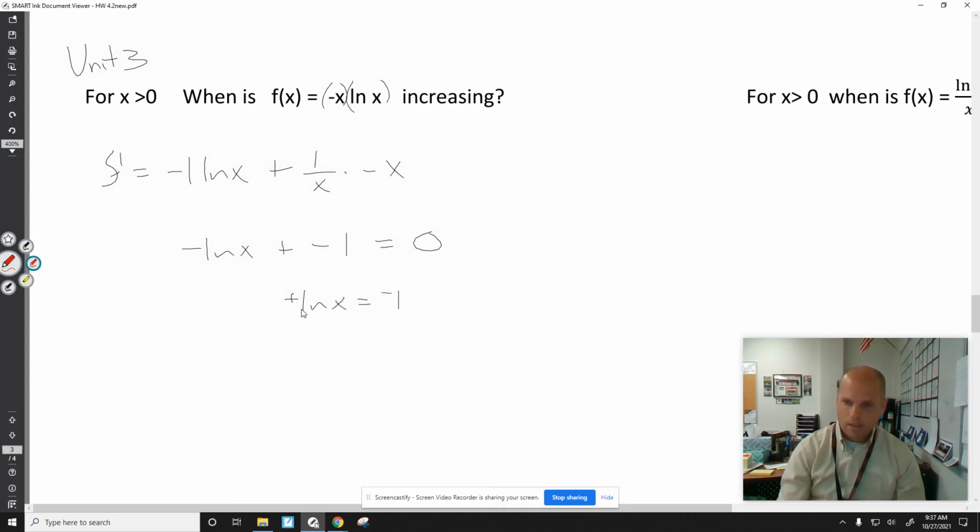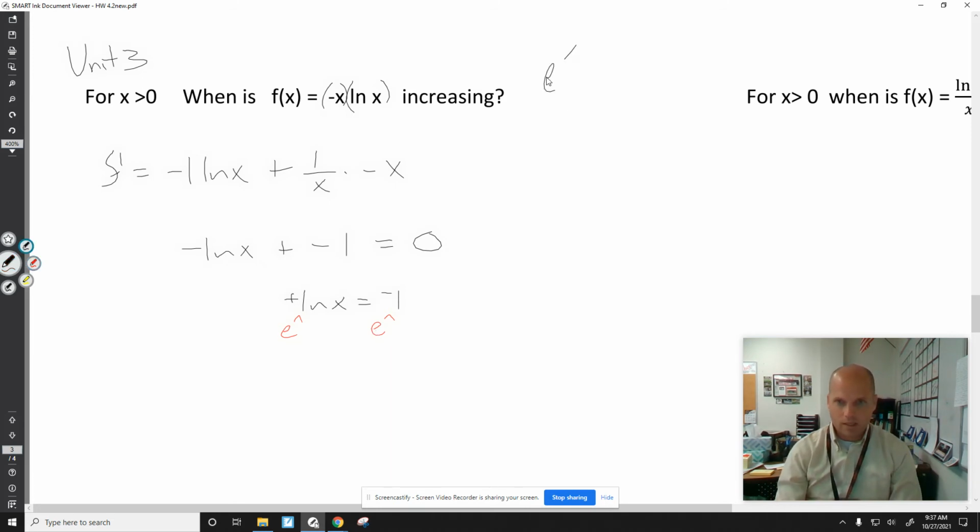Okay, well, solving for x in logs means use the inverse, like the square root to the square, but the inverse to undo is to take e to the power of both sides. Okay, e to the power of log x. It's not e times, it's e to the. Very important.